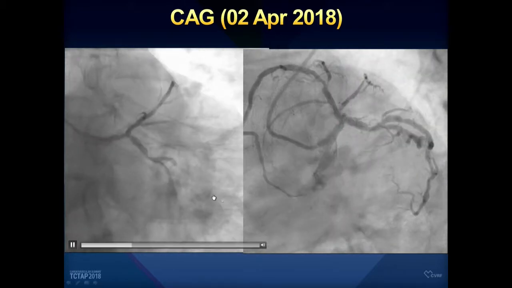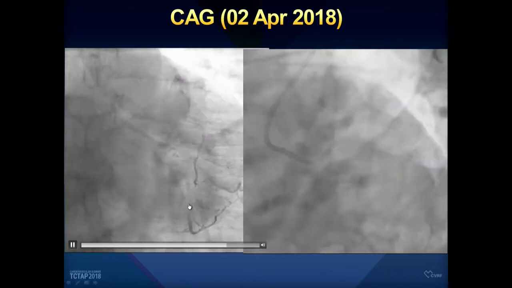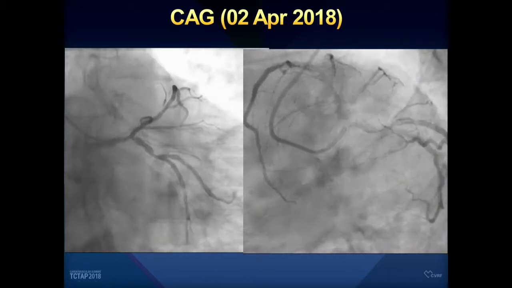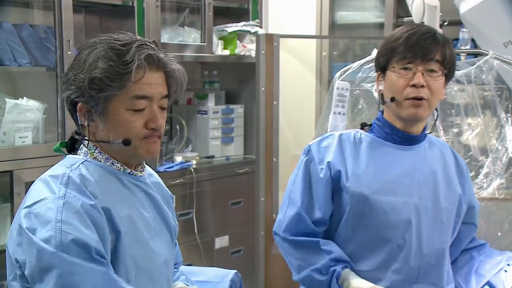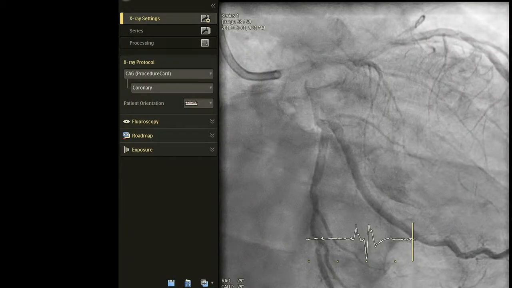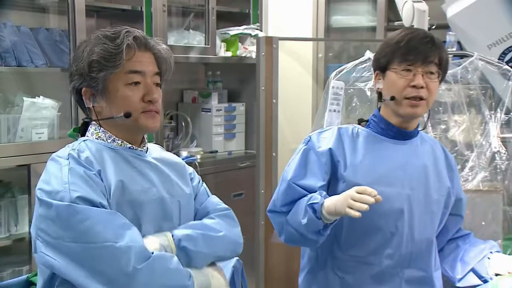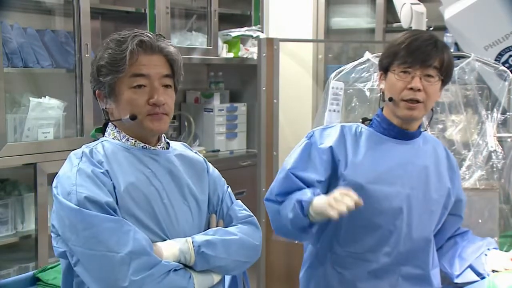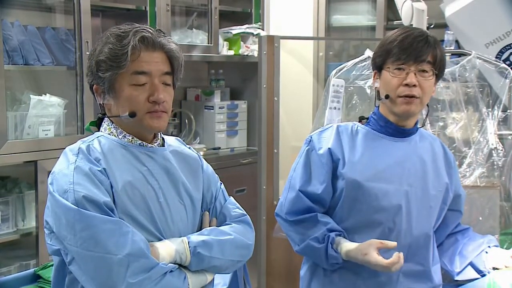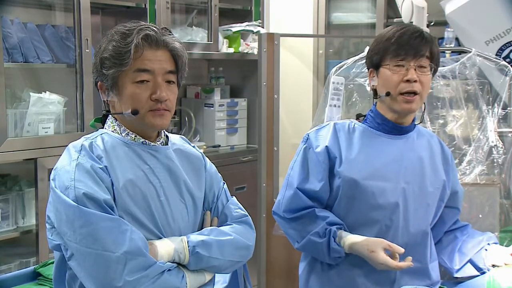Yeah, this is the angiogram of this patient. In summary, actually, this patient is my patient. I fixed the right coronary artery almost 13 years ago, and then followed him. There is still a little bit of renal dysfunction, a little bit decreased eGFR, so I am a little bit nervous about the use of contrast dye.